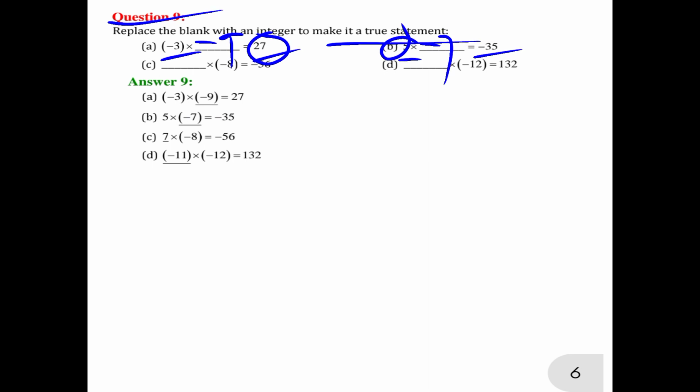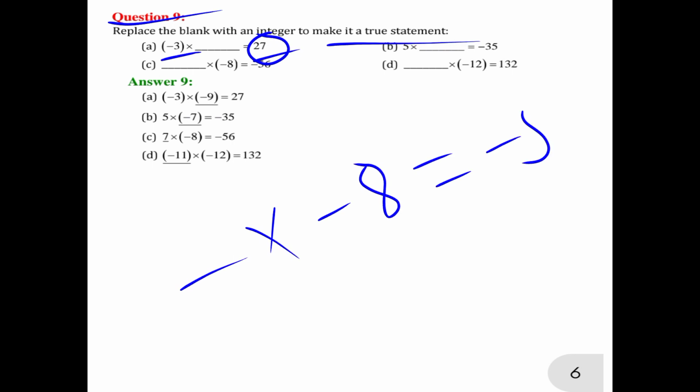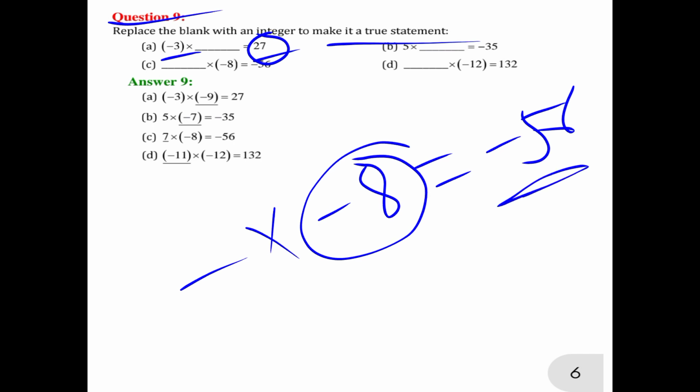Then another statement: what is to be multiplied with negative 8 so that we get negative 56? Since this is negative already, the other number will definitely be positive.